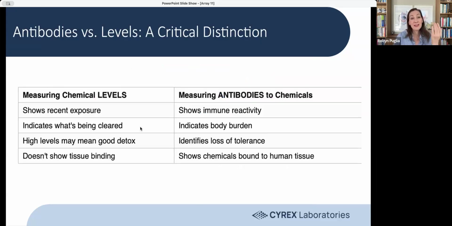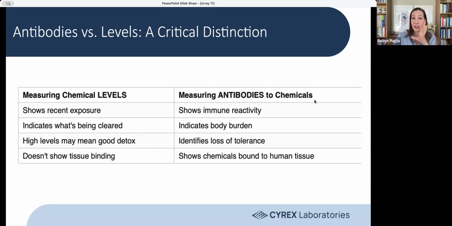So there is a critical distinction of antibodies versus chemicals. Both are problematic. But when we're talking about autoimmune disease, understanding that when you reduce body burden, that will have a long-term effect on inflammation and oxidative stress.